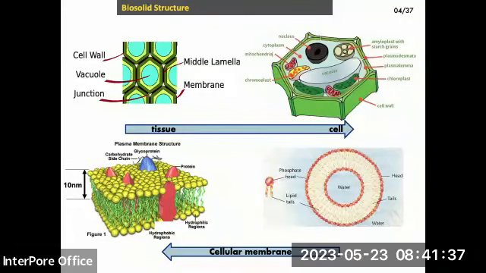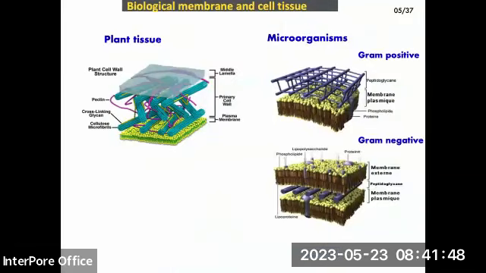The thickness is just 10 nanometers and even smaller, but this membrane is very dense and low permeable. Here you can see other examples, biological membranes for plant tissue and for different microorganisms. So you can see that in all cases we have a very dense cell membrane and also the cell walls, which also present the porous media.